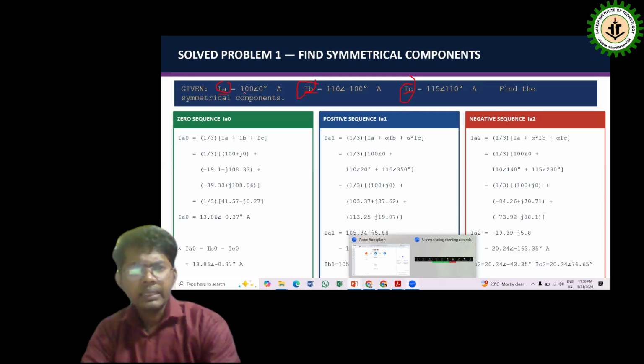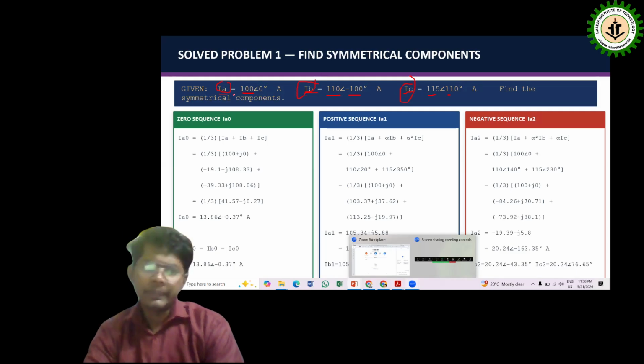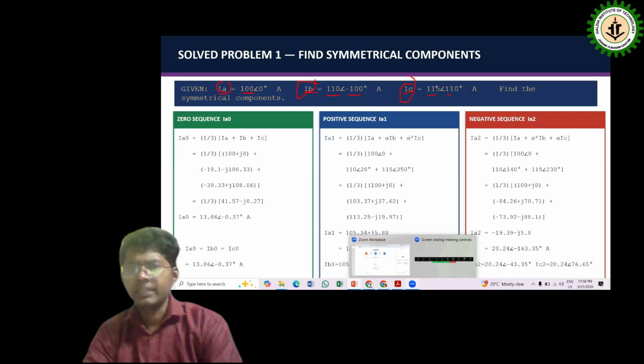So IA equal to 100 at an angle 0 degree, IB equal to 110 at an angle minus 100 degree, IC equal to 115 at an angle 110 degree. From this given data, IA, IB, IC values are not the same. This means it is an unsymmetrical, unbalanced fault. So from here, we have to find out the symmetrical component.